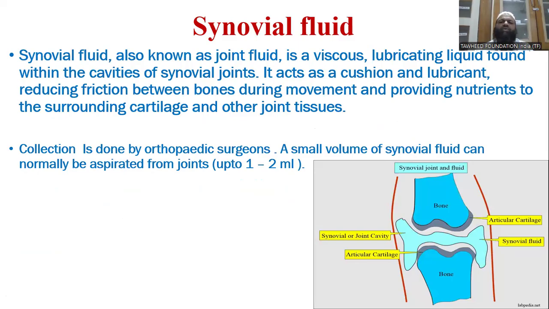So, coming to one more fluid, we call it synovial fluid. It is in the synovial joints. Synovial fluid, also known as joint fluid, is a viscous lubricating liquid found within the cavities of synovial joints. It acts as a cushion and lubricant, reducing friction between bones during movement and providing nutrients to the surrounding cartilage and other joint tissues.